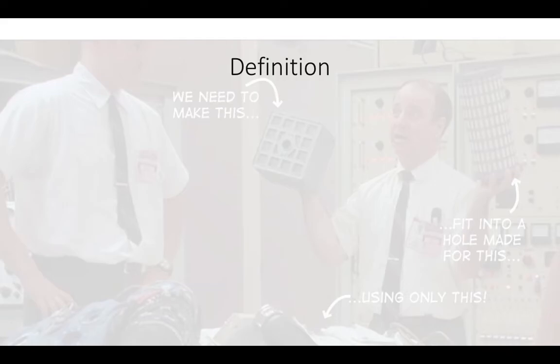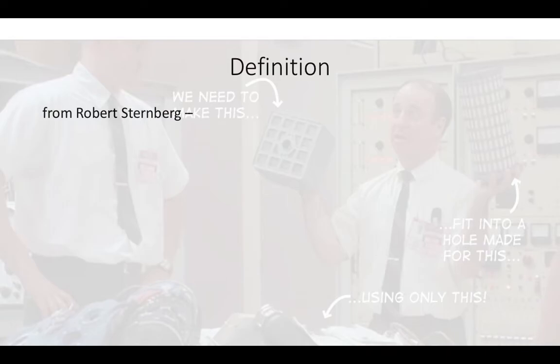The astronauts are stuck up there, can't get home, and the air filtration system is going to break down, so they have to take the square thing and fit it into a round hole, and they only have the items that are on the table before them. And that's not something you can really train for or plan for. It's make do with what you have and make it work. And that kind of gets at what intelligence is.